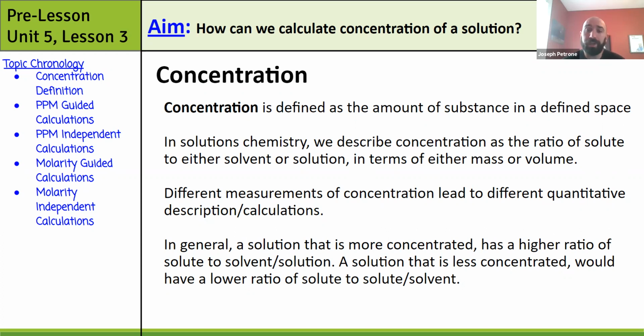In general, a solution that is more concentrated has a higher ratio of solute to solvent or solution. A solution that is less concentrated would have a lower ratio of solute to solvent or solution. So in general, the more solute you have, the more concentrated your solution is going to be, kind of like a stronger concentration you could think of. Okay, make sure you jot this stuff down, and we'll move on.